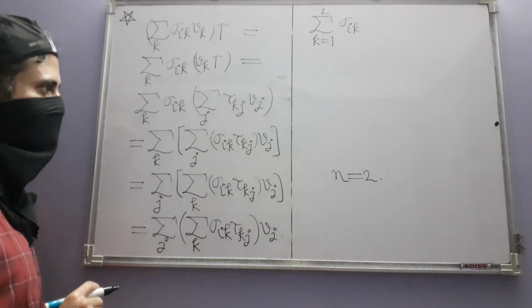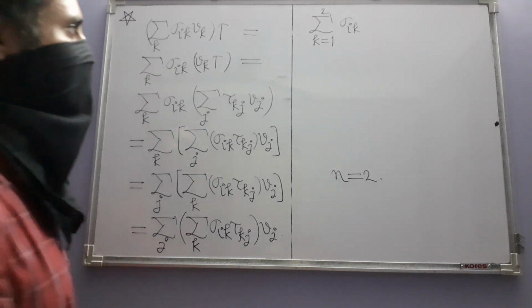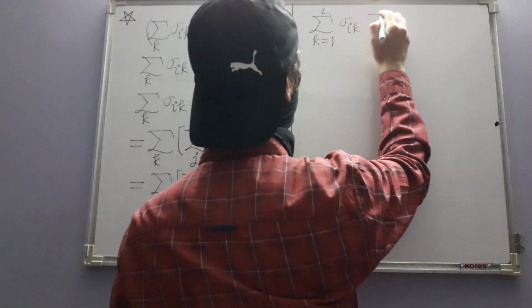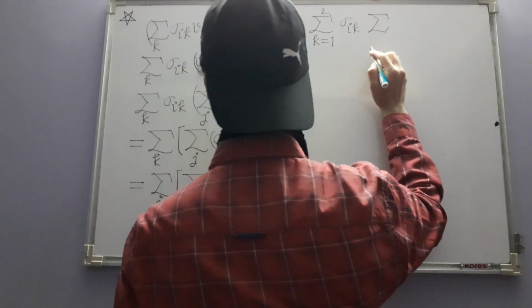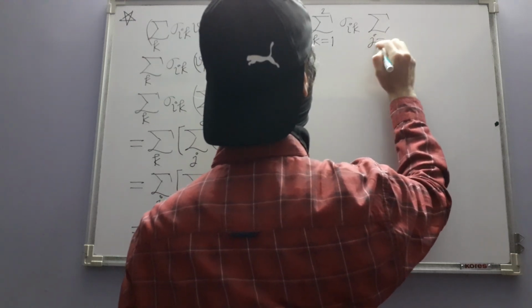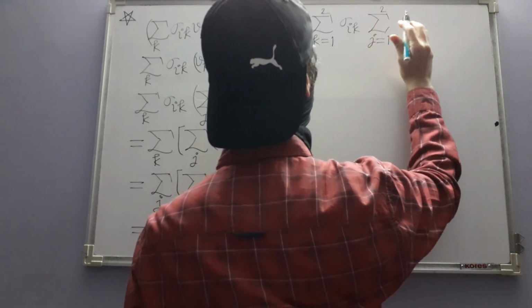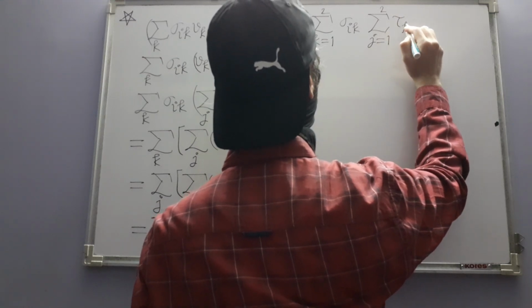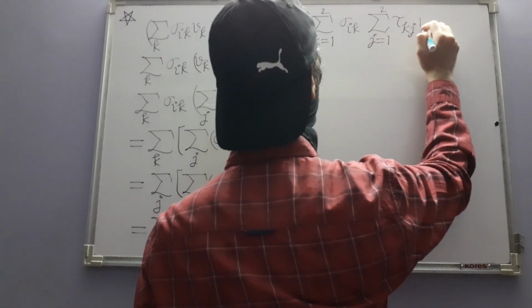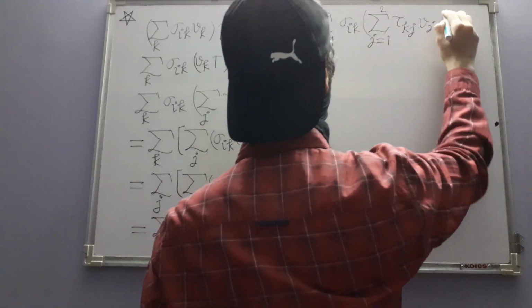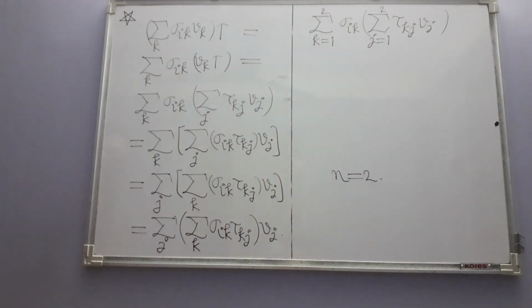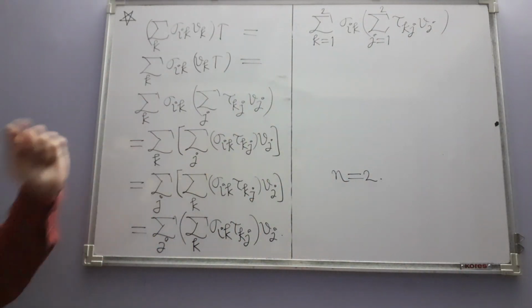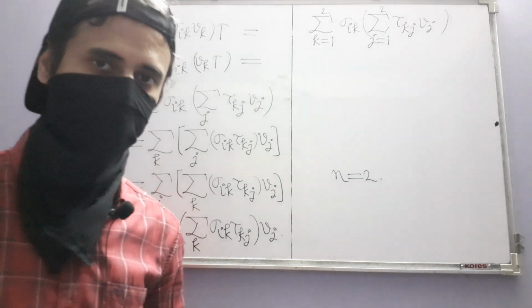We don't know what i is. Let's just keep it as i. And then we have j varying from 1 to 2, tau kj vj. So that thing is just this thing, but with n equal to 2.